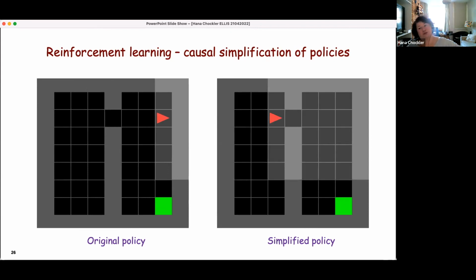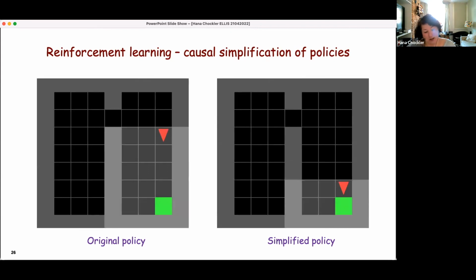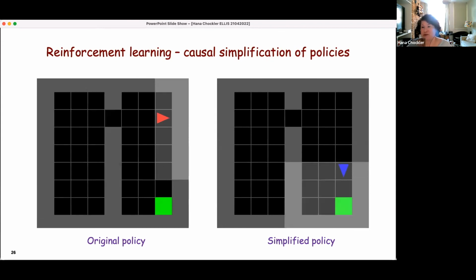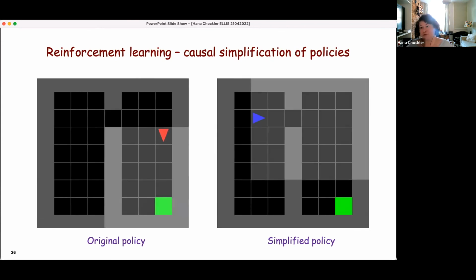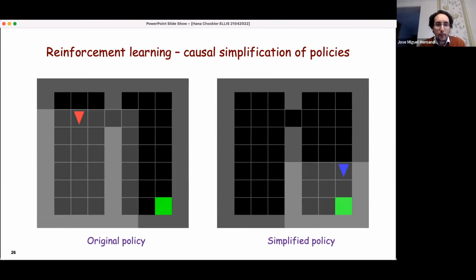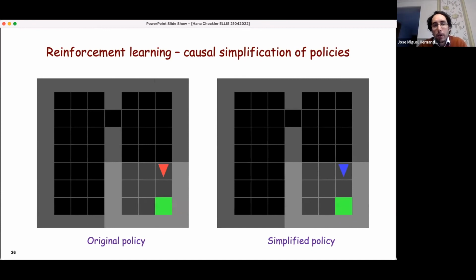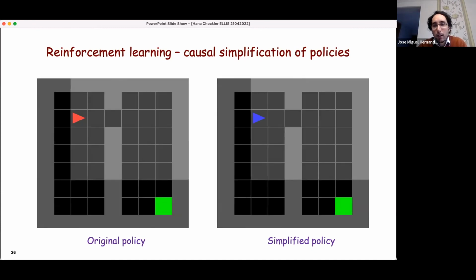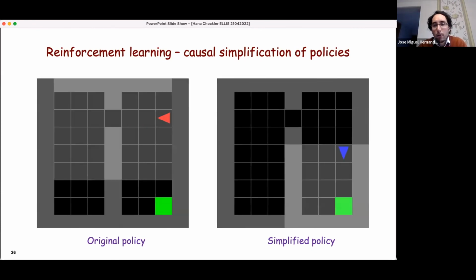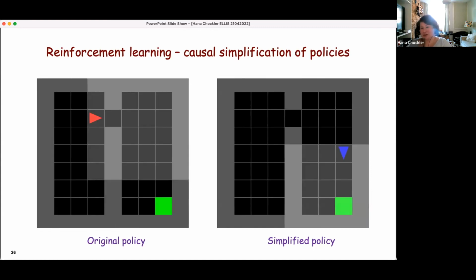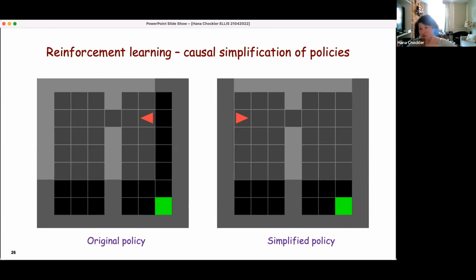I think the result was that about 20% of the decisions were sufficient to achieve the same reward. So the idea is to get rid of these pairs of state and action that don't really lead to reward. If you look at the image on the right, everything that is blue are state actions that were removed.